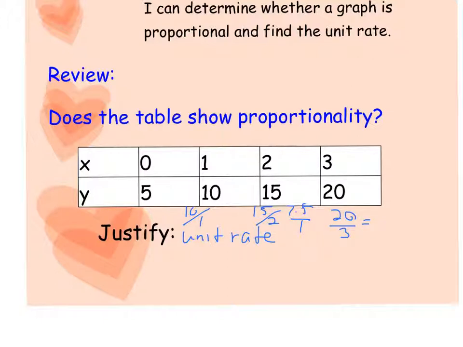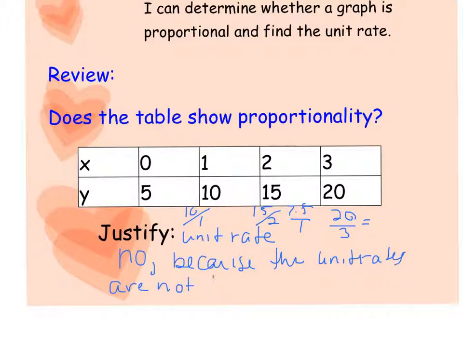We know that it's not going to be the same as 10 to 1. 7.5 to 1 is not the same as 10 to 1. So no, it's not proportional because the unit rates are not the same or not equal.